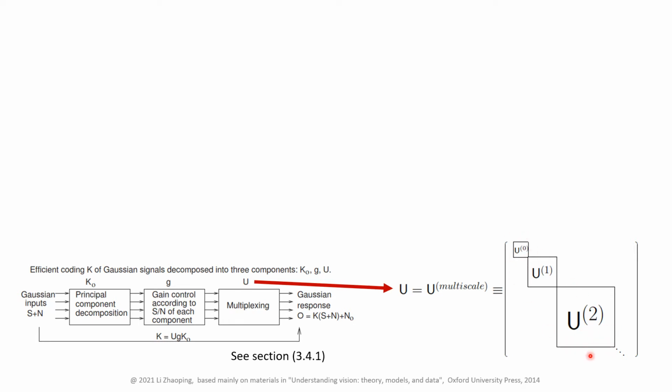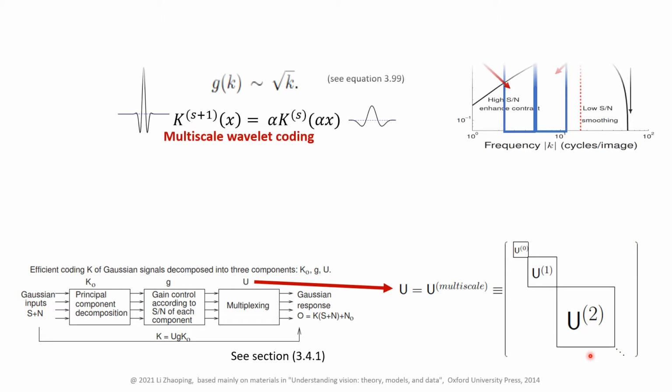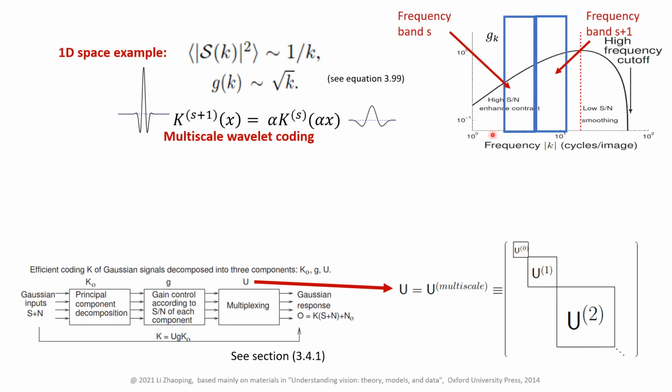As a result, the full spatial frequency range here is divided into multiple bands, one band for each submatrix. So each submatrix serves to multiplex the frequency components of visual input within a single frequency band. As a result, there are multiple scales of residual filters.